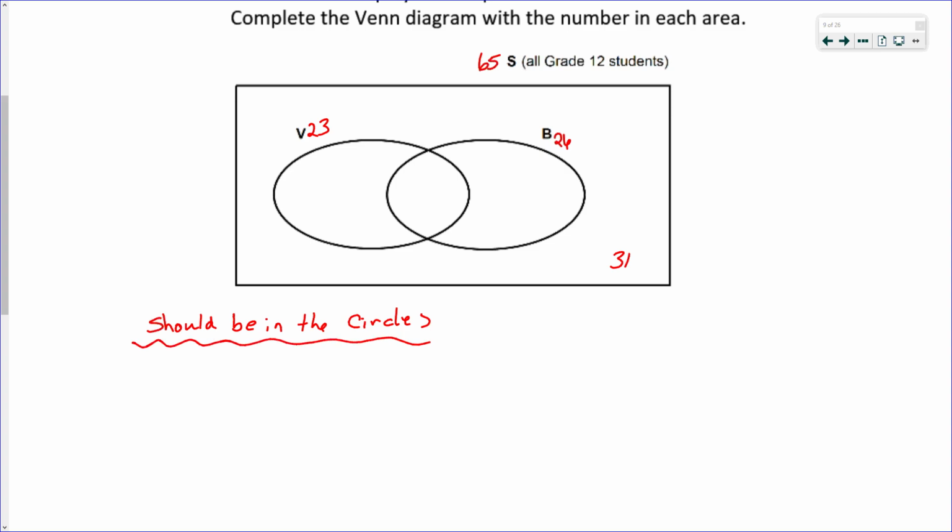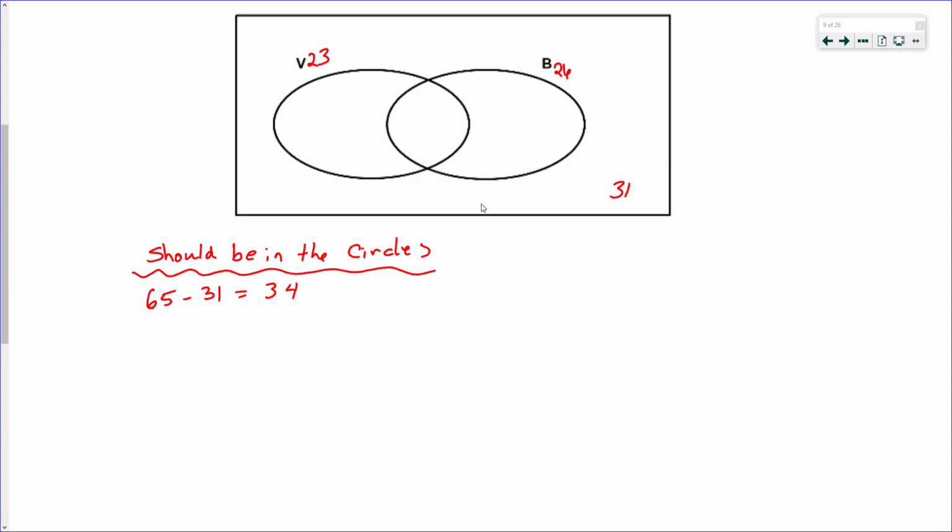What I'm going to do is take my universal set, the 65, minus my outliers, the ones that don't fit into the bubbles, and I get 34. So I should have 34 people in these circles. Based on my numbers, I'm going to add this 23 and this 26 together.